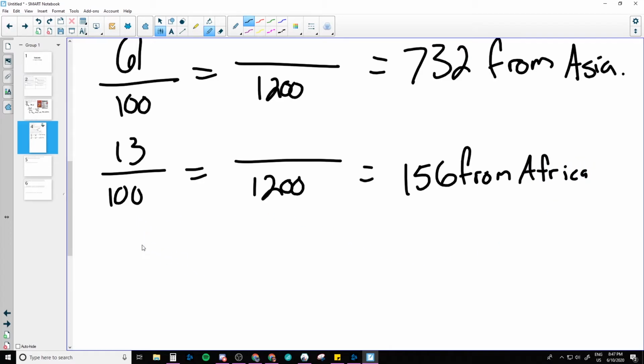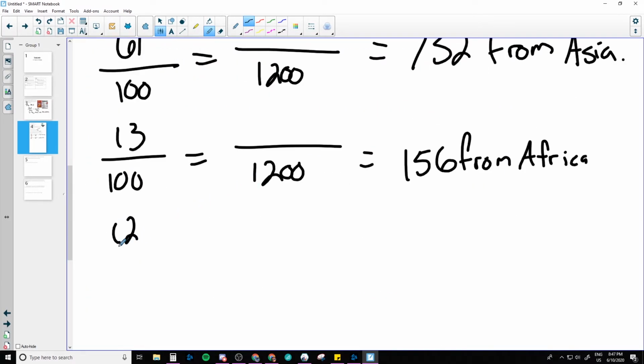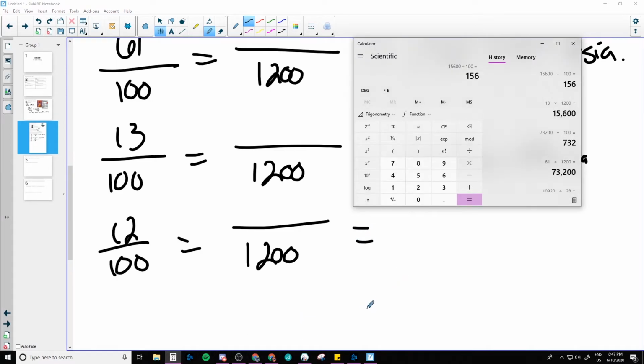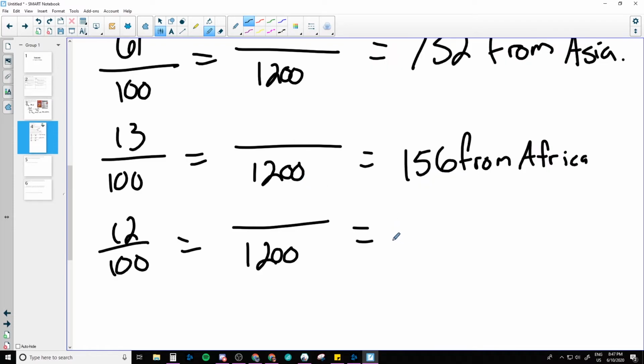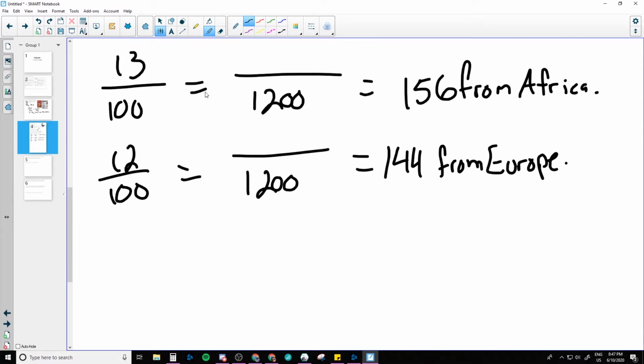Okay, next one. We have 12 from Europe. 12 out of 100 is how many out of 1,200? That tells us it's 144 from Europe. 3 more. 8 from South America.